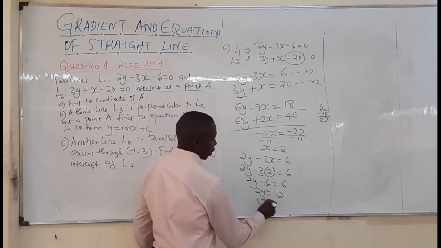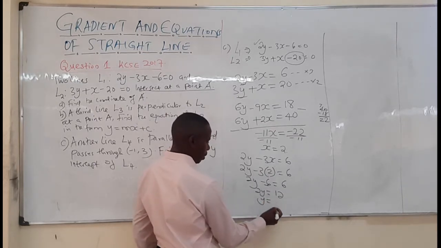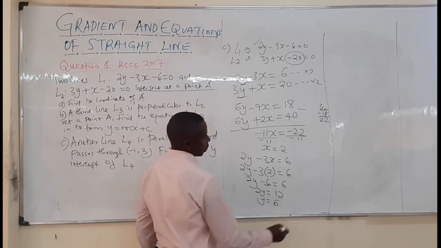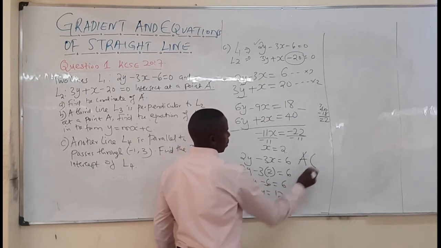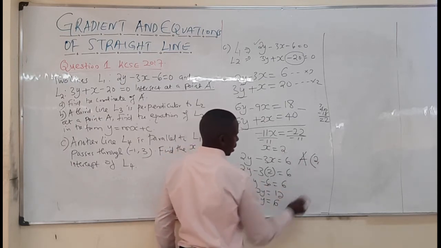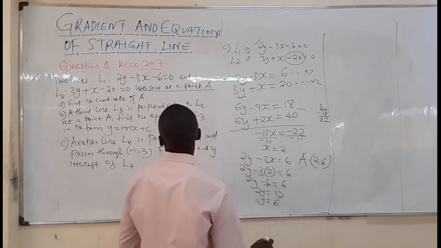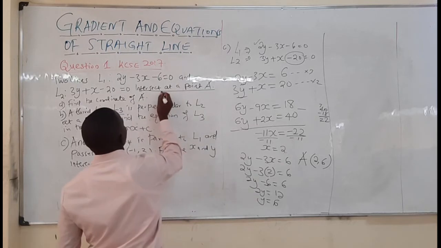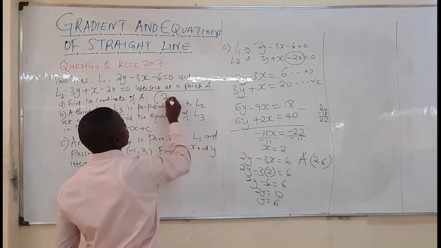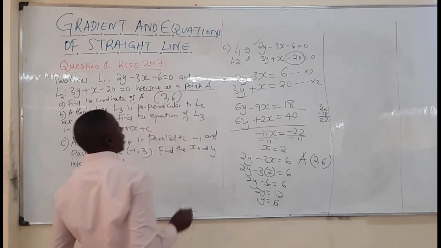Then divide by 2 on both sides, you get y is 6. So our point A is x is 2 and y is 6. That's the first question, A is (2, 6).